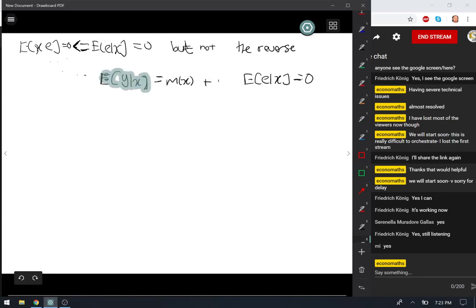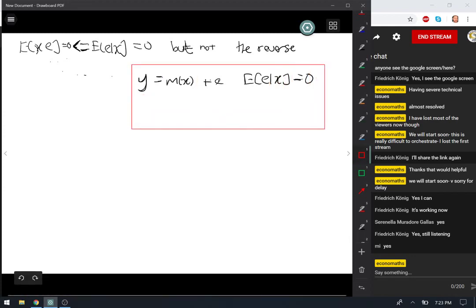Sorry, we've got y equals m of x plus e, where we assume the zero conditional mean assumption holds. This is what you've seen as the conditional expectation function model, which in essence just says, as we said earlier, that E of y given x is equal to m of x, putting these two things together.